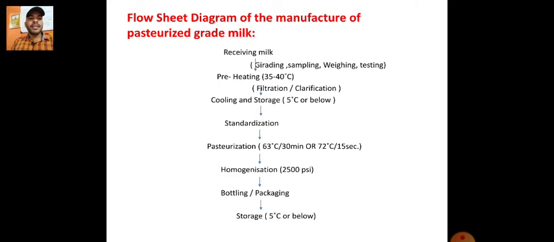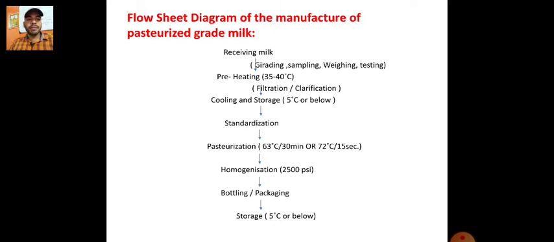After that, grading, sampling, weighing, testing. We can grade that milk by using different operations and by testing the quality of milk, by performing different tests, to maintain the quality: smell, appearance, temperature, sediment, acidity, lactometer reading. By using these tests, the received milk will be sampled, graded and tested.